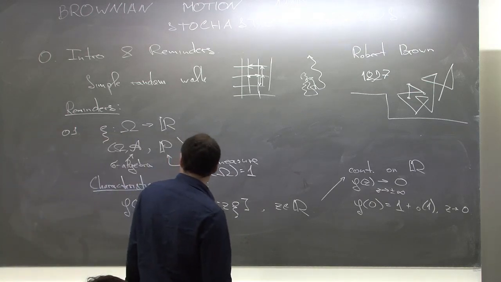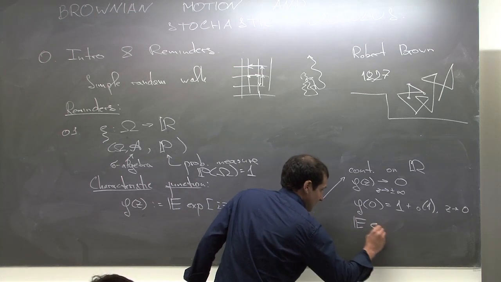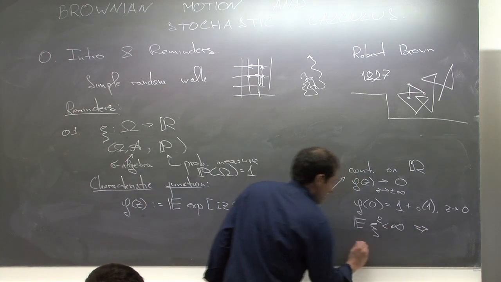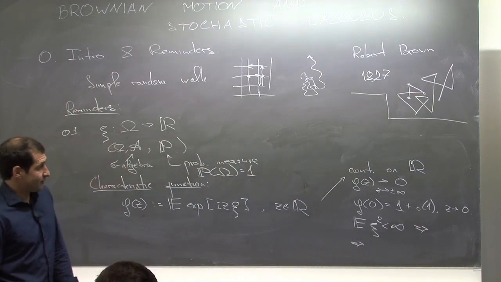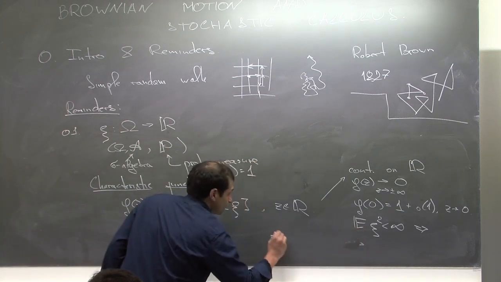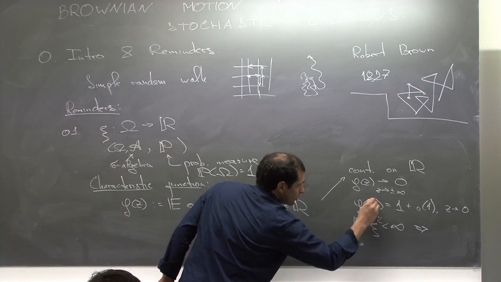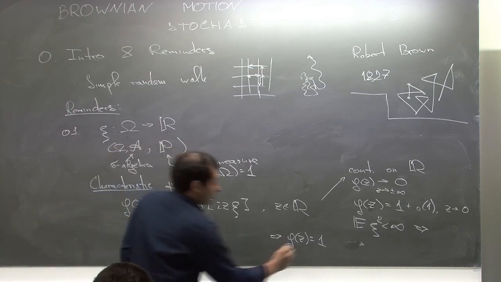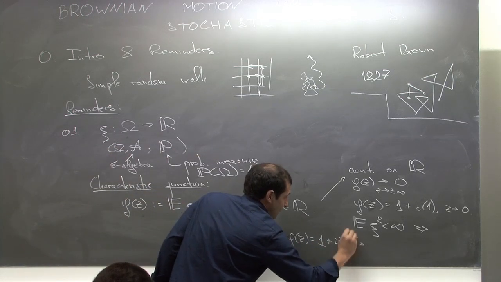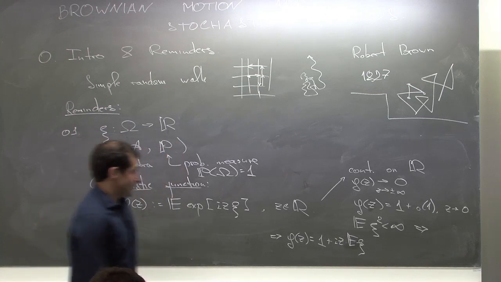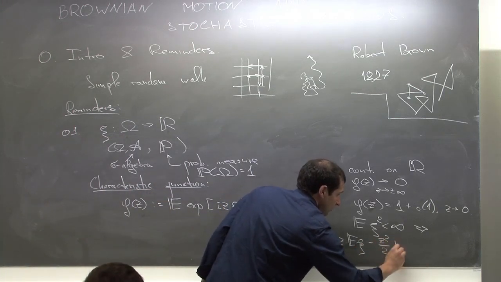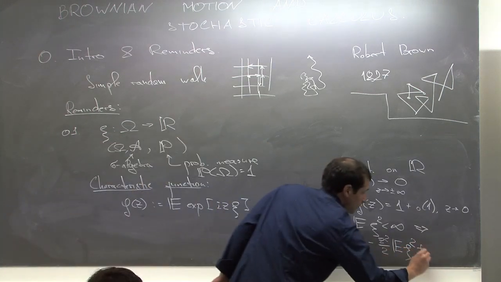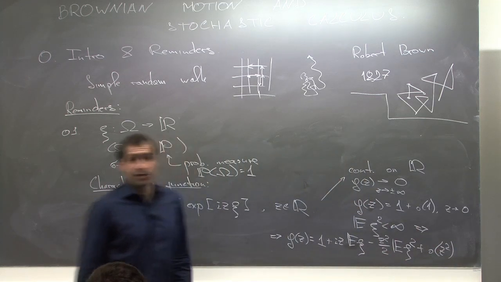So basically, if it has the second moment, so if the integral of xi squared is finite, then one can write, just differentiating this, 1 plus iz times the mean value minus z squared over 2 times the mean square plus something smaller.